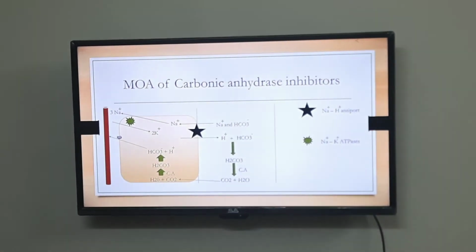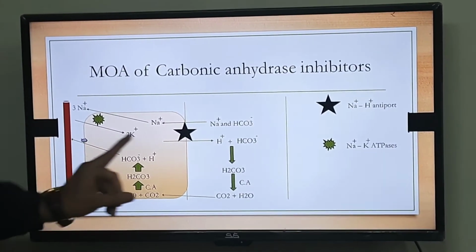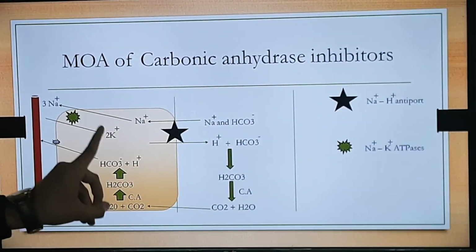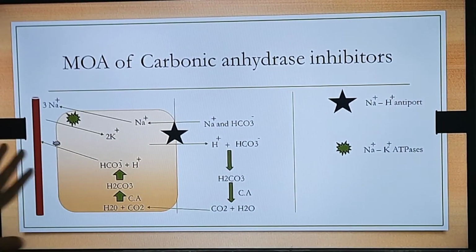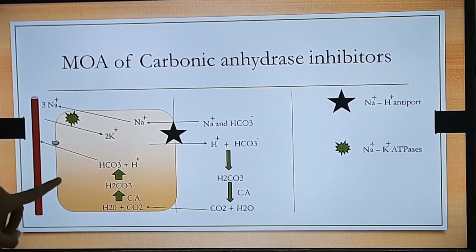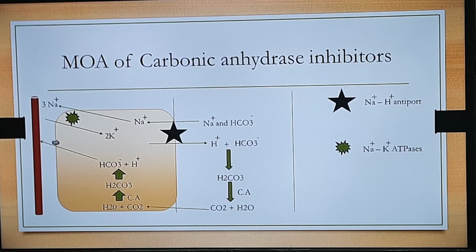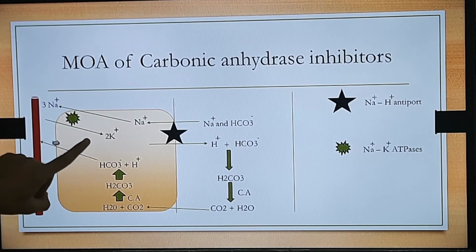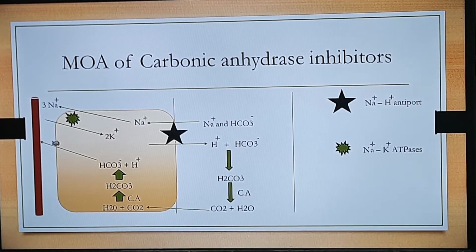Now I have a next particular question कि अगर ये सोडियम को सेल के अंदर आना है, should the sodium concentration inside this cell be more or should be less? The answer is the sodium concentration in this cell we have to keep it low.